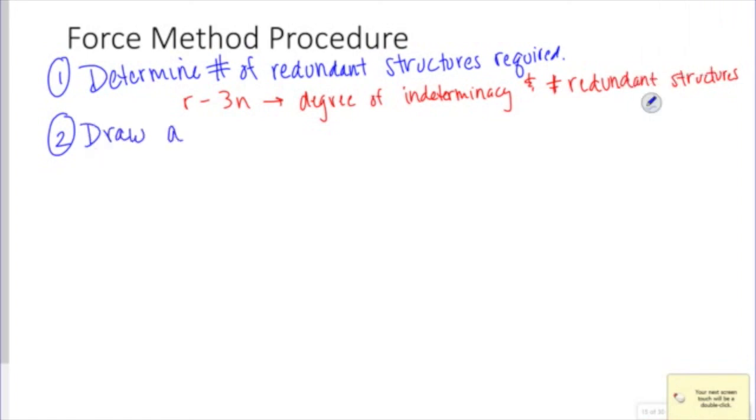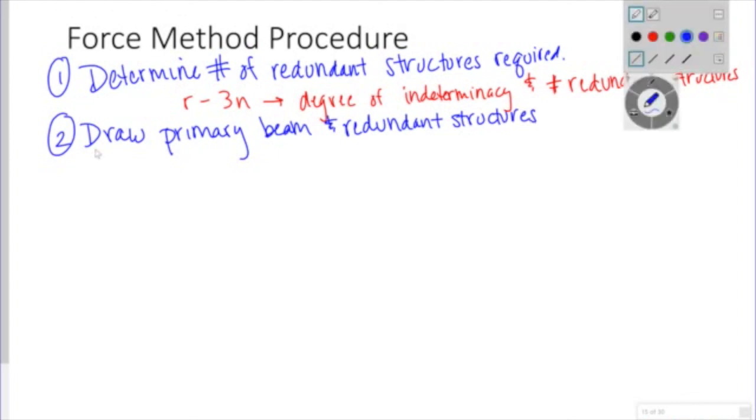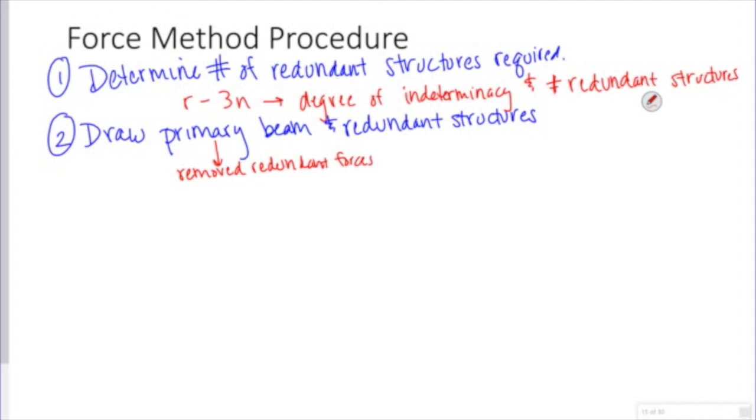Draw your primary beam, and redundant structures, right? Primary beam is where you have removed your redundant forces. Redundant structures is where you apply the redundant forces.